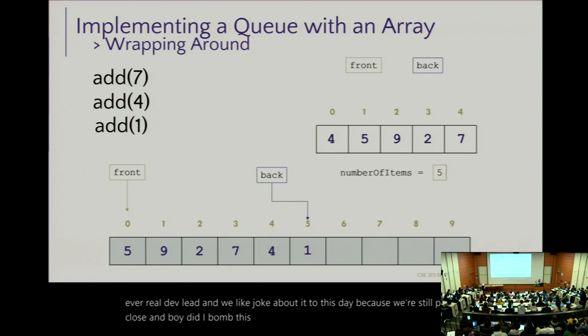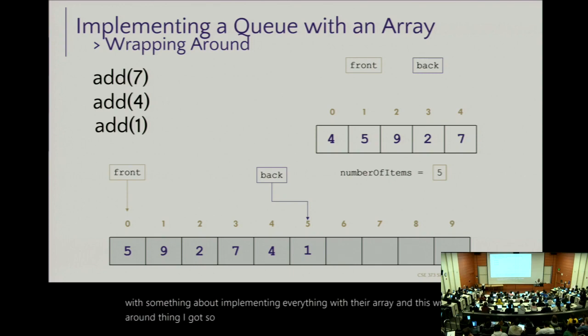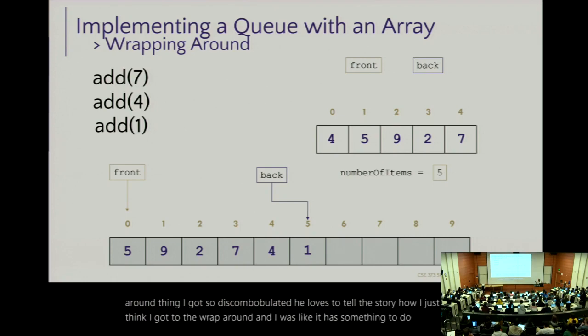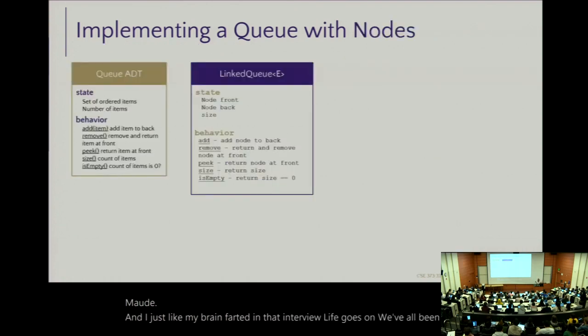I thought I was so ready for these interviews, but something about implementing everything with our array and this wraparound thing, I got so discombobulated. He loves to tell the story of how I got to the wraparound and I was like, oh, it has something to do with mod. And my brain farted in that interview. Life goes on. We've all been there. I tell that story every time I teach this now because it is my forever penance, I suppose, for that moment.